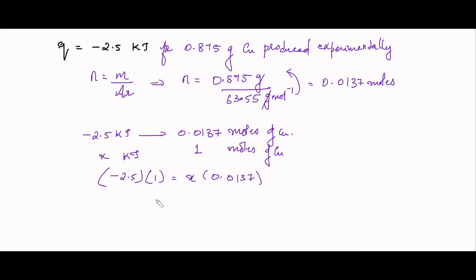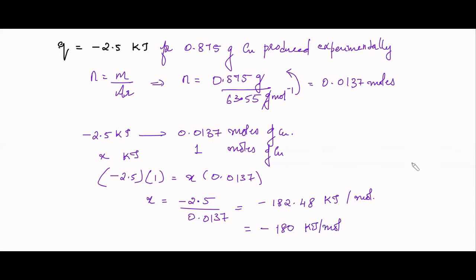So x is equal to minus 2.5 over 0.0137. When I divide this, I get minus 182.48 kilojoules per mole. Rounding it off to two significant figures, I get minus 180 kilojoules per mole.